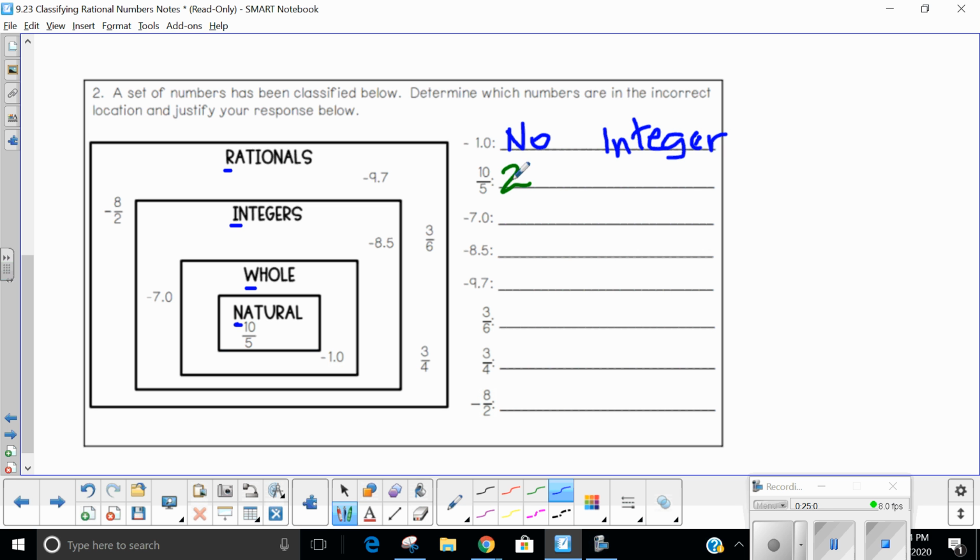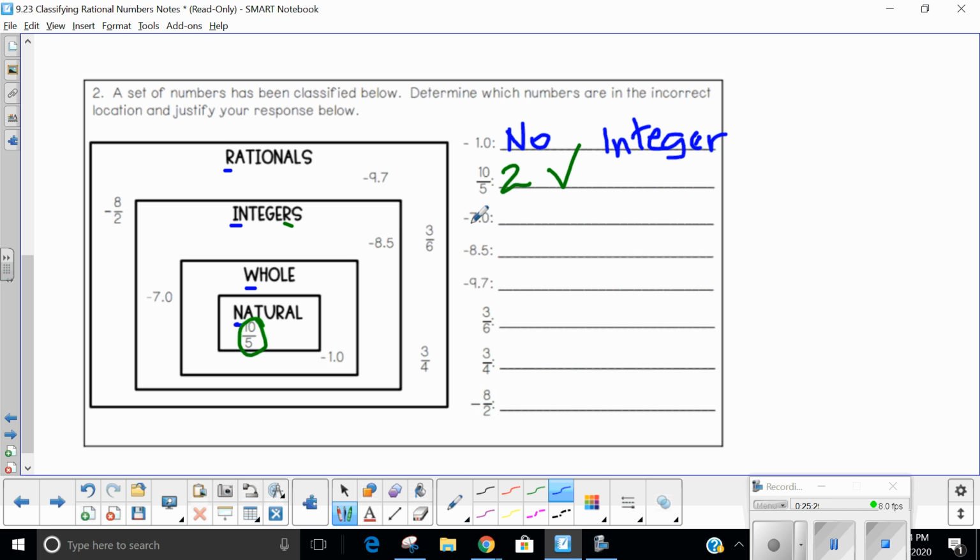Where do they have it? They have it as a natural number down here. Is 2 a natural number? Yes, it would be a natural number. So it's in the correct place. So we're just going to put a check mark here because this one's correct.